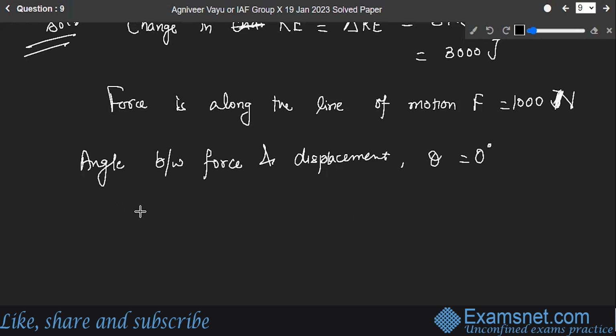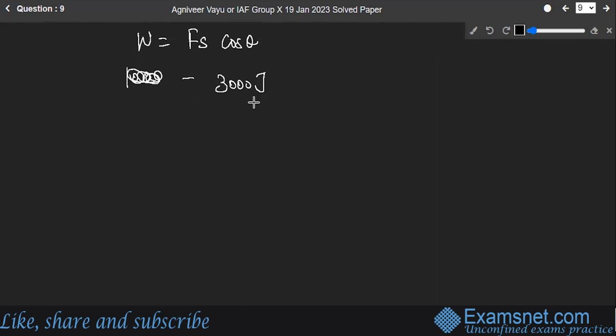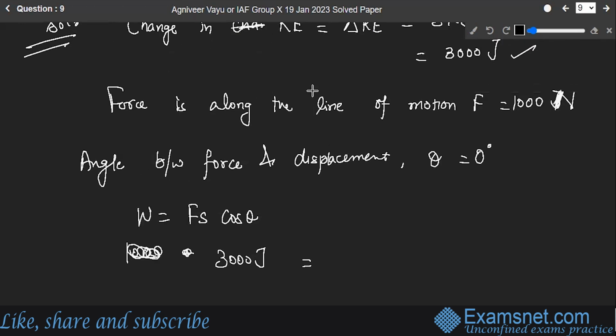So by the work energy theorem, work is equal to Fs cos theta. Sorry, it was not the work. This is 3000 joules, the change in kinetic energy, because that is equal to the work. So 3000 joules is equal to, how much was the force?